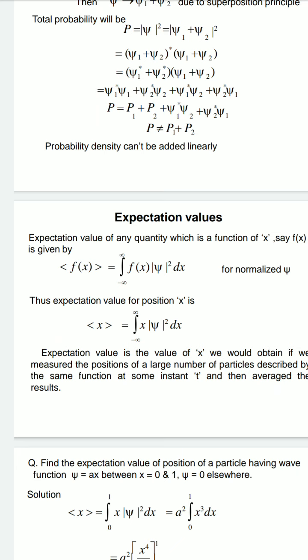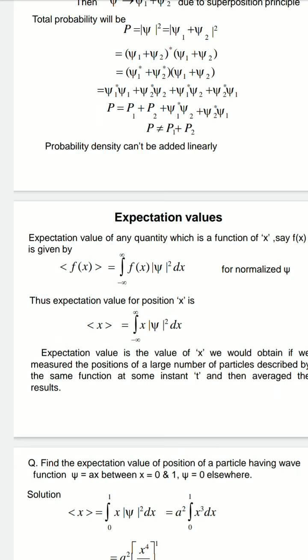You take the wave function of that system, take the modulus square and multiply it with the momentum P. Then take the integration with respect to position, minus infinity to plus infinity. The limit should be all over the space, provided the wave function is normalized.